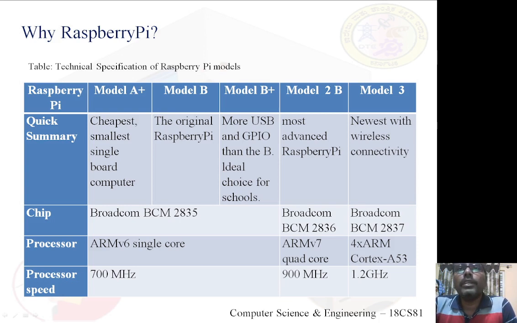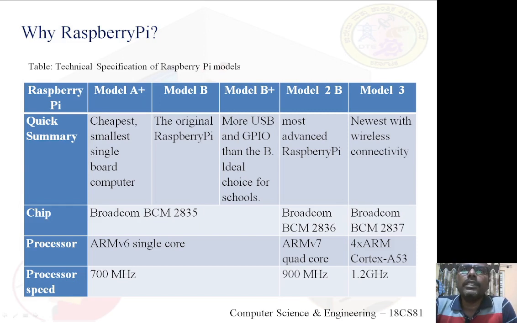Model B is the original Raspberry Pi. Model B Plus has more USB ports and GPIO pins, and B Plus is an ideal choice for schools. Model 2B is an advanced Raspberry Pi. Model 3 is the newest with wireless connectivity.